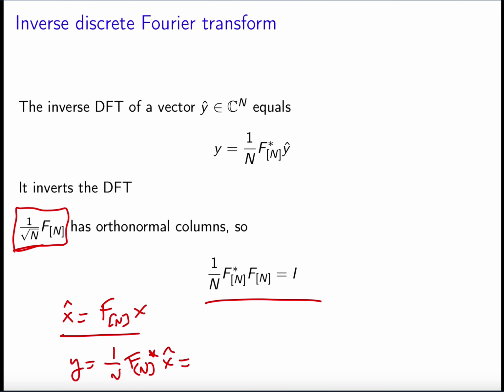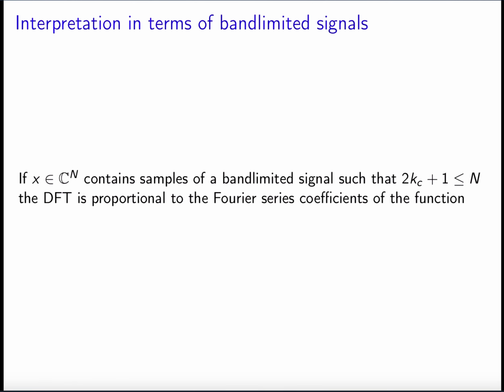Well, this is just equal to 1 over n times the adjoint of F_n times F_n, but this is the identity, and this would be multiplying x, so it's just equal to x. Okay, so we can easily invert the DFT matrix by applying the adjoint of that matrix multiplied by 1 over n. Again, the DFT matrix is just a rotation, so it's very natural that you can just rotate back easily. By a rotation, I mean an orthogonal transformation.